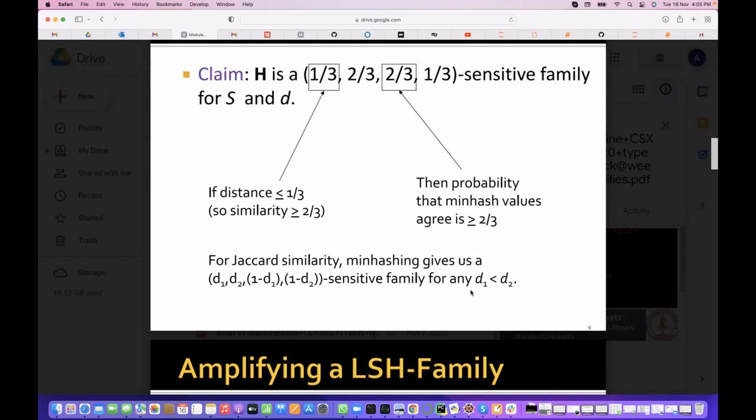So 1-D1 itself is becoming a probability, right? If you want more probability to be agreed, you need to reduce D1. And when you want to contain the false positives, then you need to increase D2.